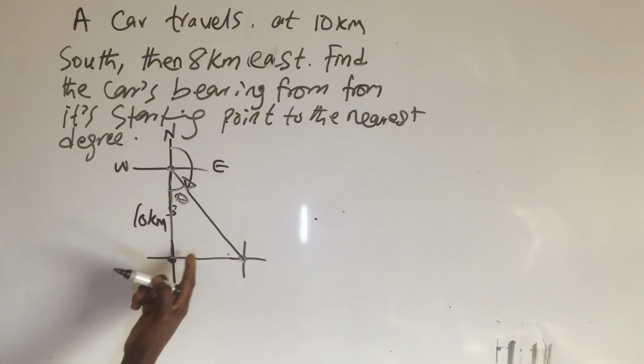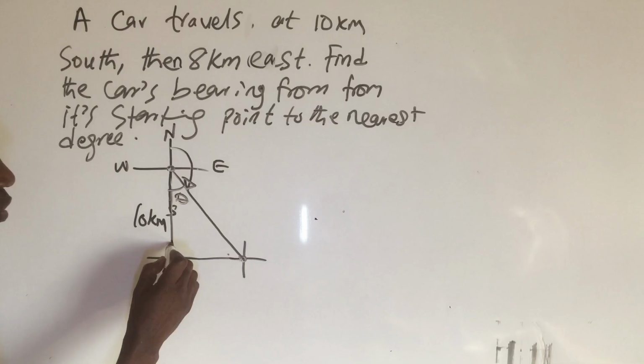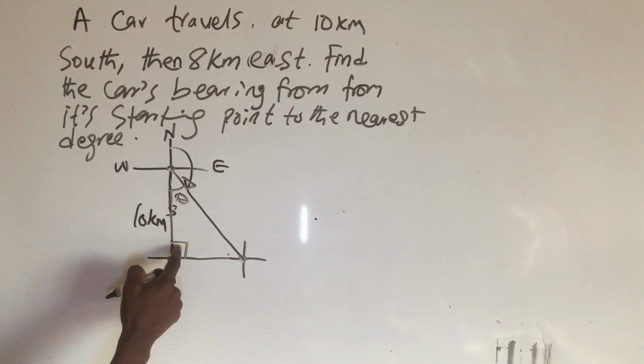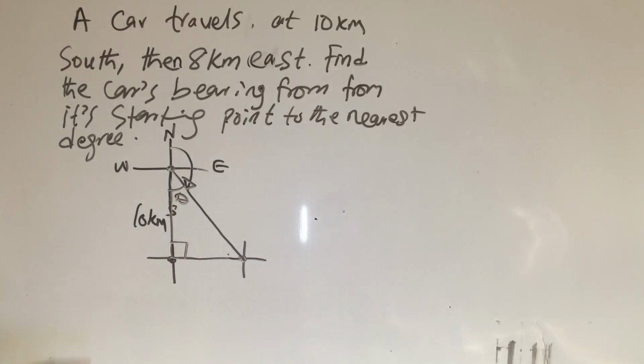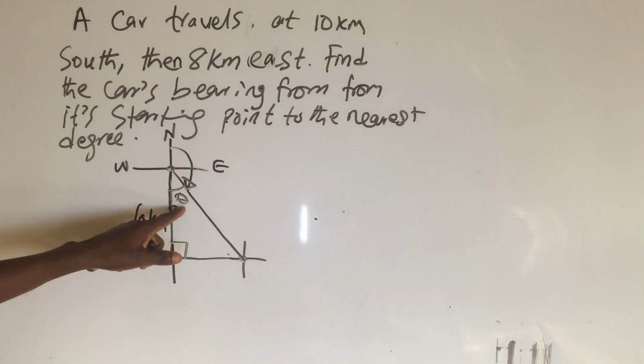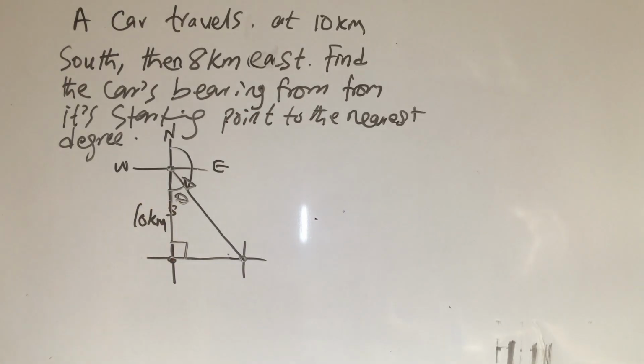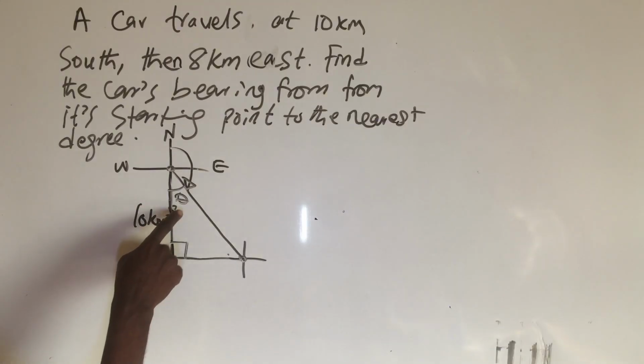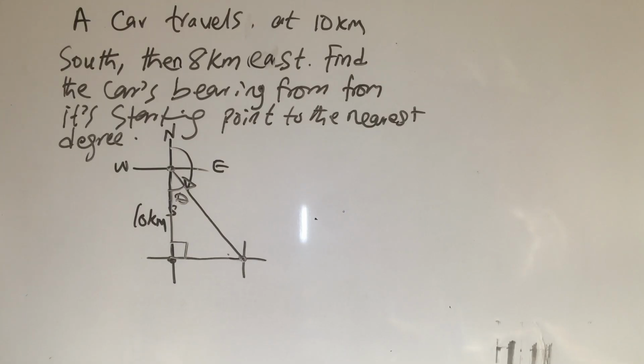Now, we remember that this triangle here is a right angle triangle, because here is 90 degrees. Let us first find this angle to enable us to get the bearing. Remembering our SOHCAHTOA, our trigonometric ratios, this is the angle that we want to find.